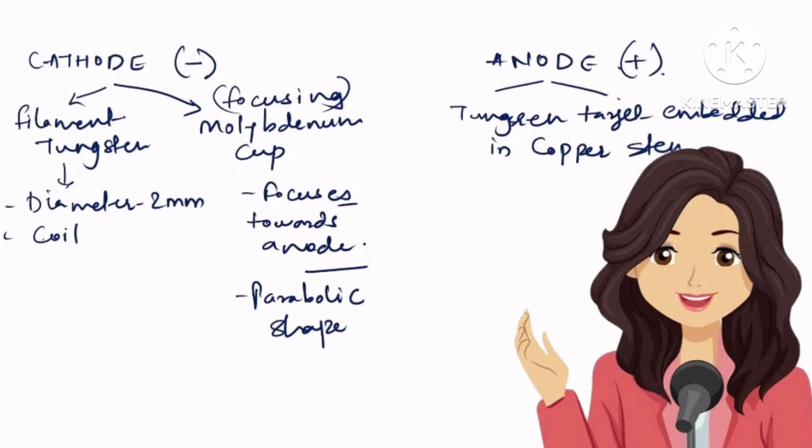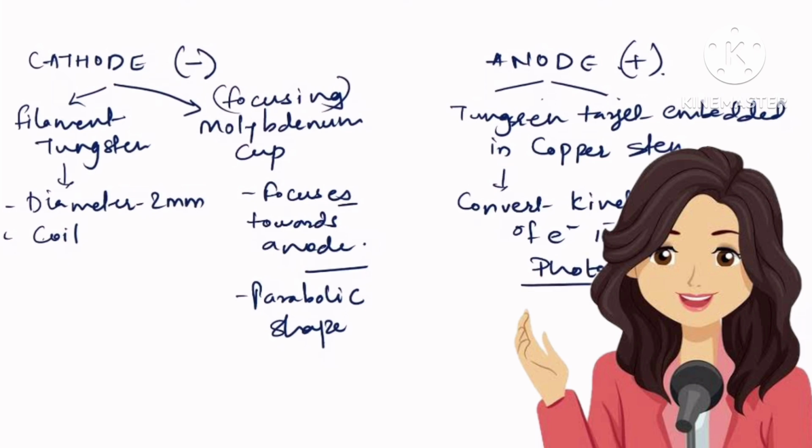During X-ray production, the excessive heat which is produced at the anode will be conducted via the copper stem. That is why it is embedded into the copper stem. Now, what is the importance of this anode or tungsten target? It will convert the kinetic energy of electrons into X-ray photons.